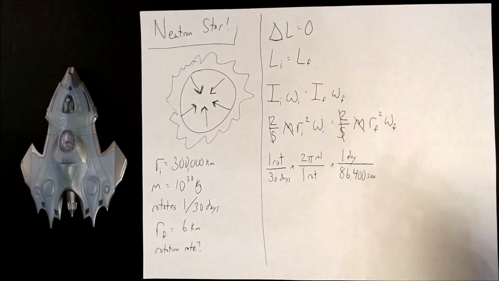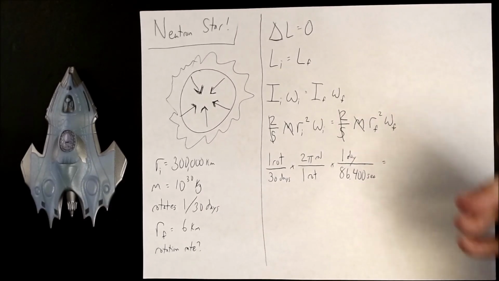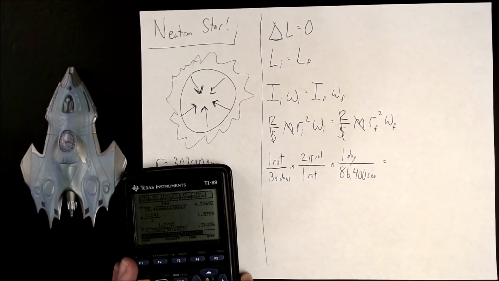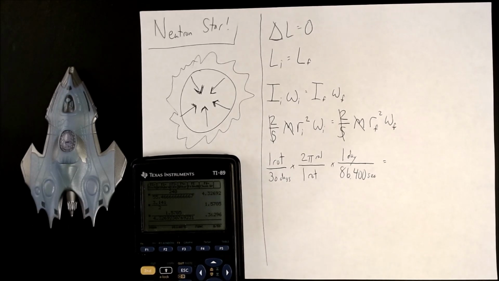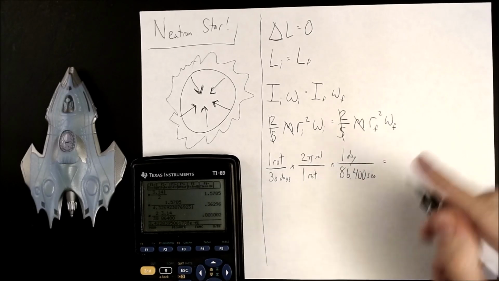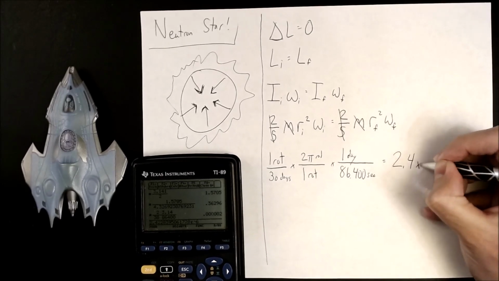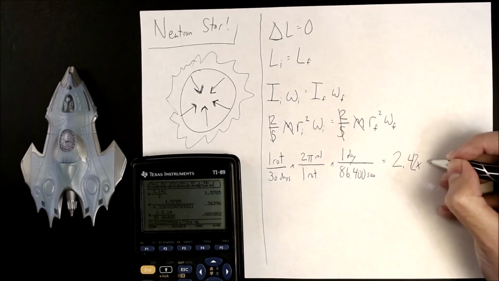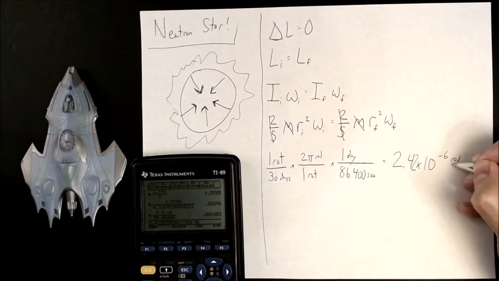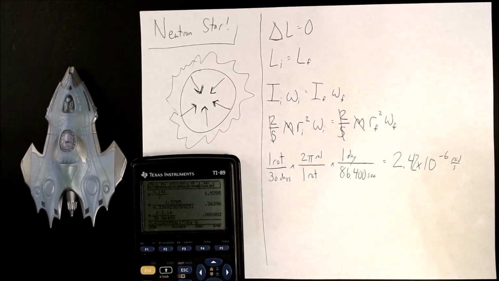There's a country song about that, I'm pretty sure. So let's figure this out. 2 times pi divided by 30 times 86,400 gets us an initial angular velocity of 2.42 times 10 to the -6 radians per second. Not very fast.